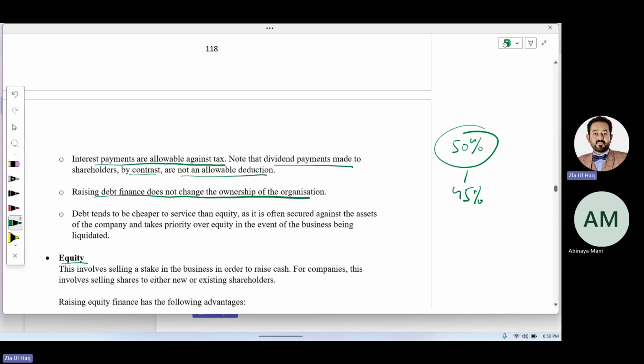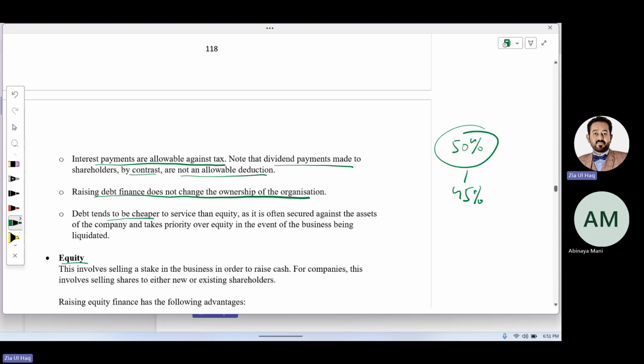He can change any decision of the company. But if he has less than 51% holding, he cannot involve or influence company decisions. And if the company is issuing new shares, then his holding will reduce to below 50%. But in case of debt, the shareholder's holding will remain the same. His power will remain the same. So this is another advantage of debt.